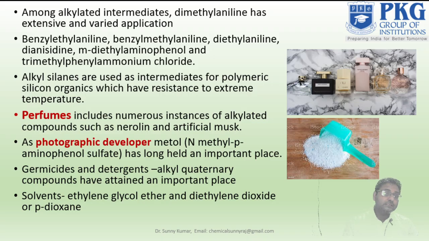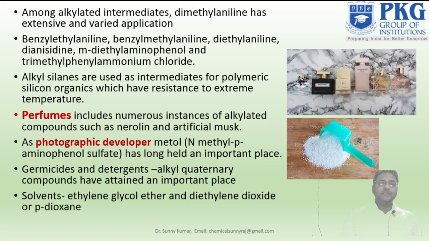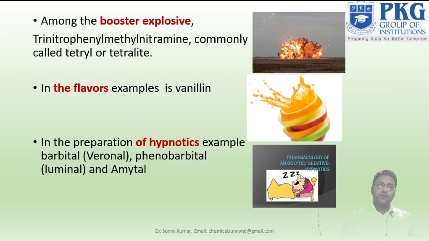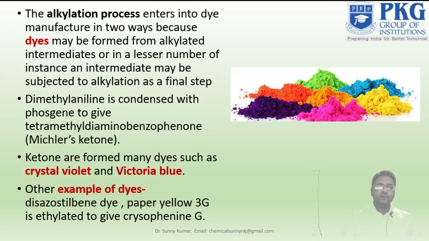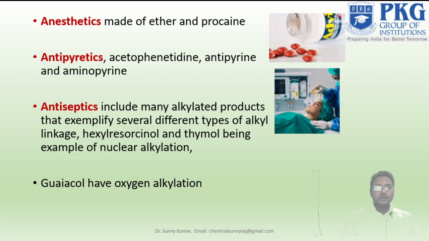And solvents like ethylene glycol ether and diethylene dioxide or p-dioxane are some common solvents we use for different purposes. So today we have discussed the different detergents, perfumes, flavors, hypnotic drugs, booster explosives, and this alkylation process.